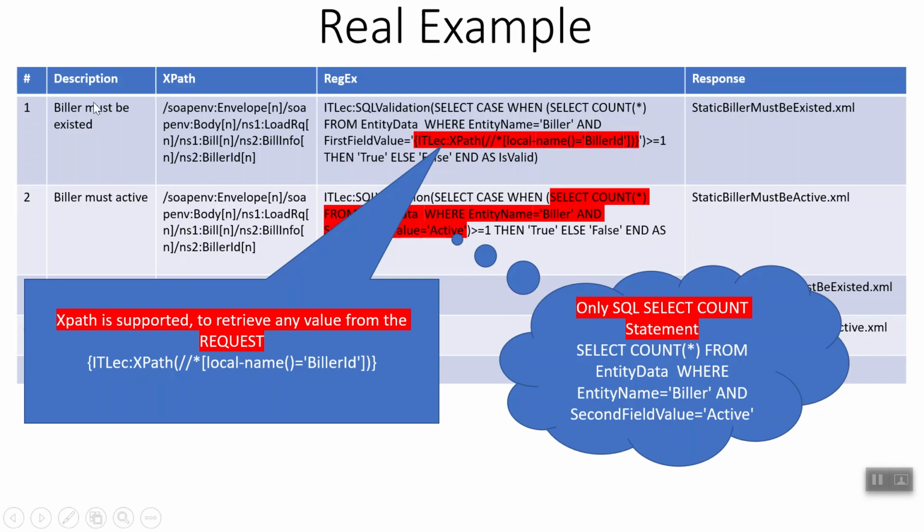Let's say in the incoming request, I want to check, for example, whether the Bella exists or not in our database. And here I have some value. For example, here's the XBus, and I want to validate this XBus with a regular expression. So I can make it like this.